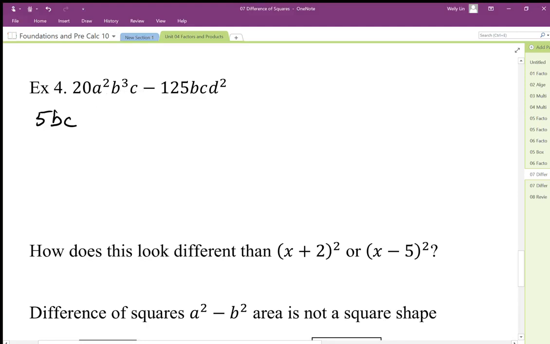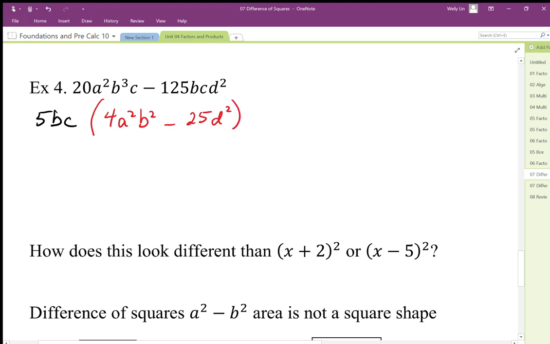Okay, so then what's left over? It's important to keep track of this. So we just divide. 20 divided by 5 is 4. No a. b cubed divided by b is b squared. The c's are gone. 125 divided by 5 gives us 25. bc is gone, and we're just left with d squared.